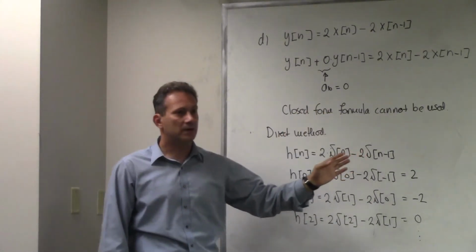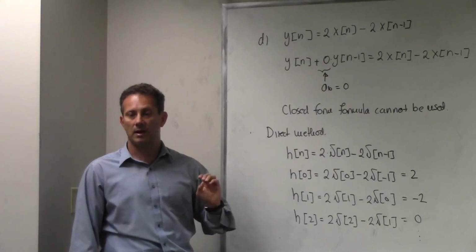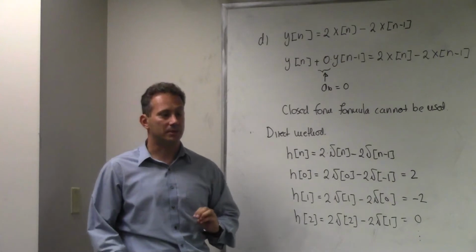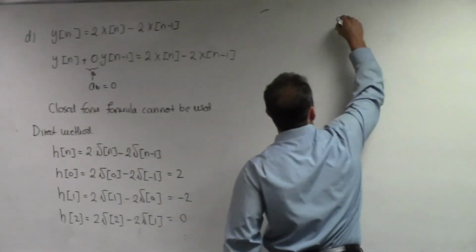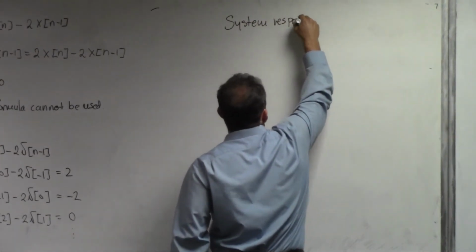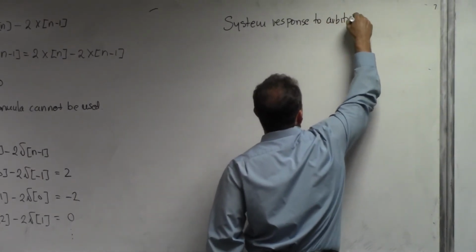Through what we covered so far today, we know how to determine impulse response. And now the question is, how do I determine the response of the system to an arbitrary input? So, system response to arbitrary inputs.